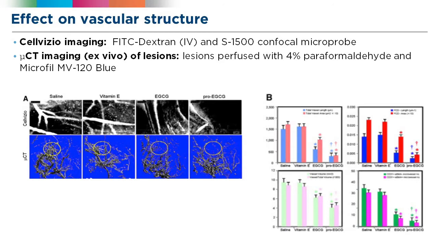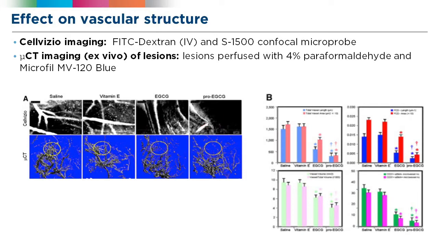To do so, the users used Cellvizio imaging to have a closer look at the vasculature to be able to characterize it, and they combined Cellvizio imaging with micro-CT imaging ex vivo to have a 3D view of the microvasculature. So what you see here is the vasculature as imaged using Cellvizio after fitsidextrin was injected.